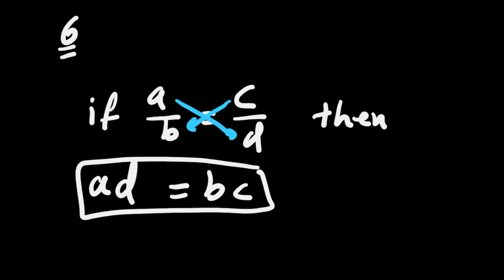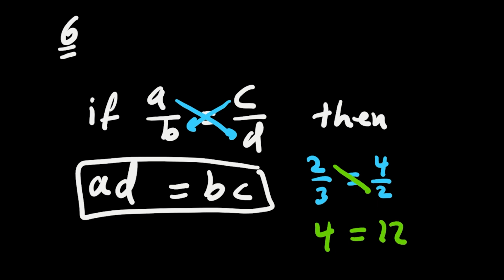Let's see an example. When we have 2 over 3 equals 4 over 2, we can just multiply 2 by 2 and we'll get 4, and that would equal 3 multiplied by 4, which is 12. But this is not a true statement because we are using numbers, and these two numbers are not equal.